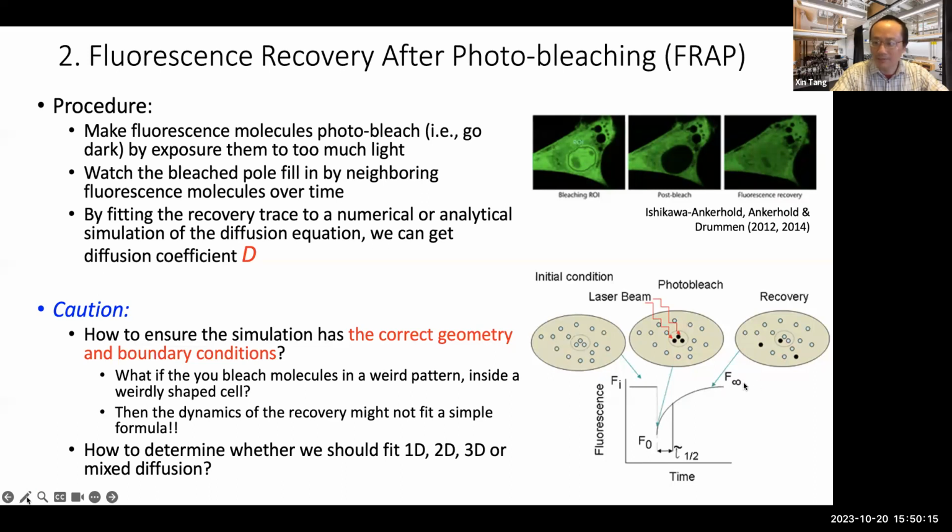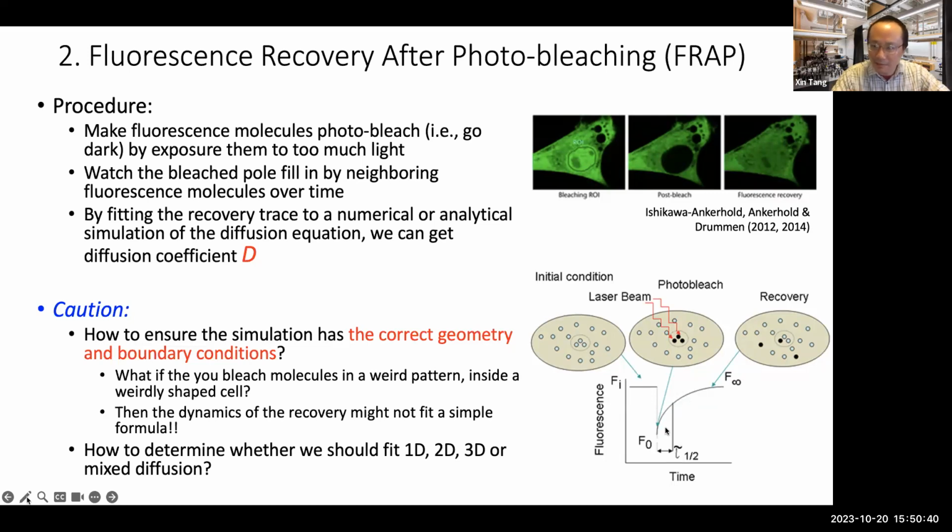Okay, so recovery. Now, by measuring these curves, the half-time of this curve, then we will know how fast those particles can move in. The fluorescent particles move in, and the darker molecules move out. We can get a quantitative understanding of how they move in, move out.